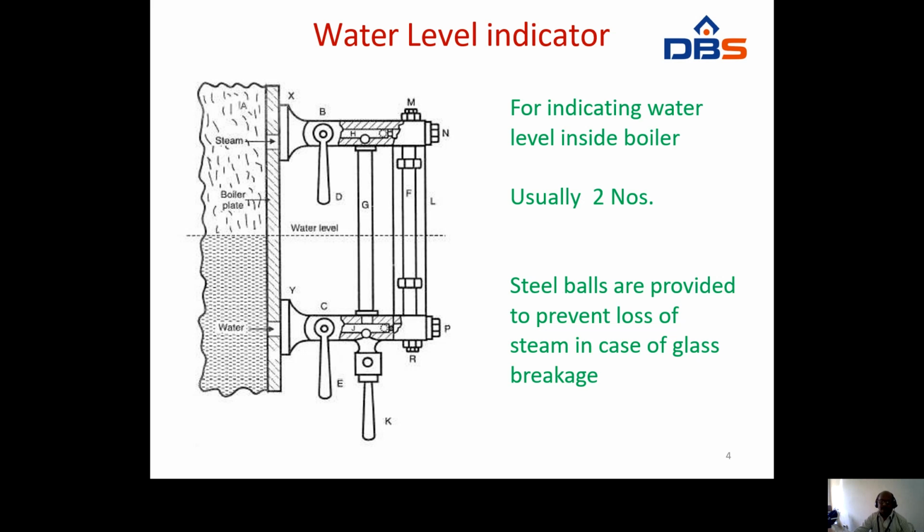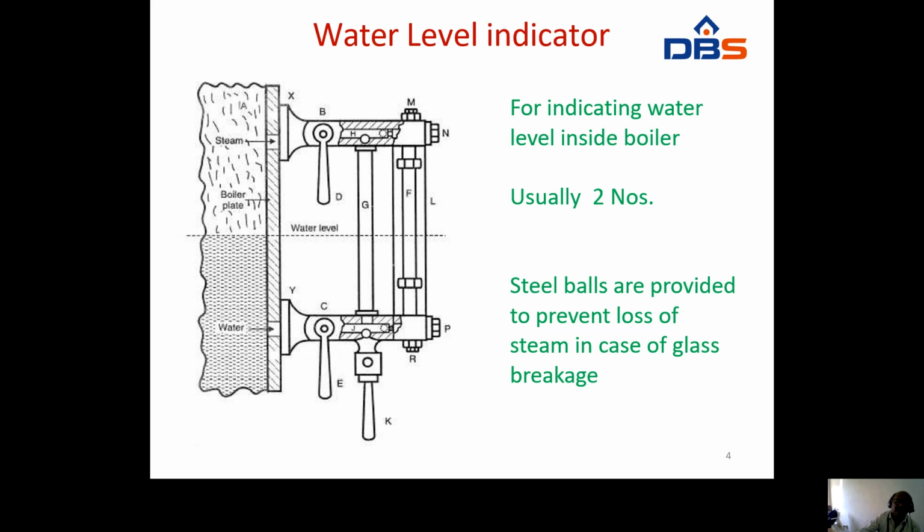First, the water level indicator. It indicates the level of the water inside the boiler. Sometimes there is no water, and what happens? Due to overheating there will be damage to the boiler, and bursting will take place. For indicating the water level, usually we use 2 water level indicators, and here we provide steel balls to prevent the loss of steam in case of glass breakage.